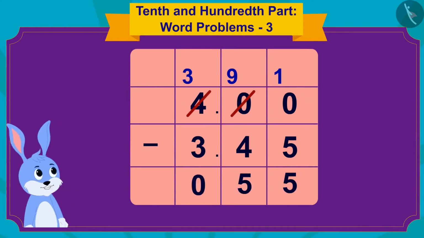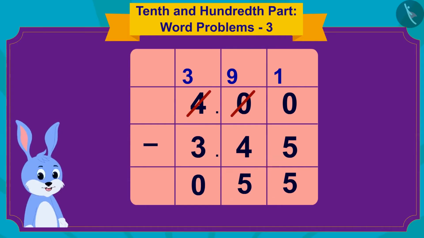That makes it 55. Now, because there are 2 digits after the decimal point, I will write the decimal point in the answer in such a way so that there are 2 digits after the decimal point, thought Bunny.